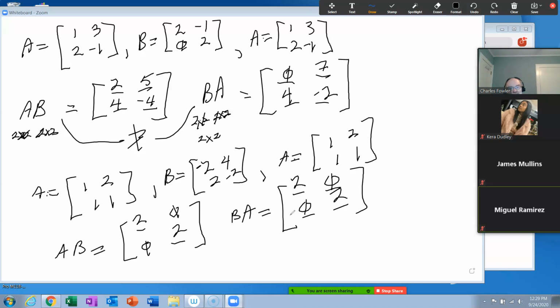AB being equal to BA is very rare, but in the vast majority of those times, you're going to have a multiple of the identity matrix. Almost guaranteed, okay? But anyway, we've done that.